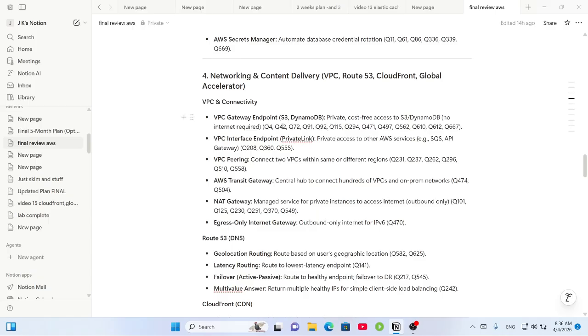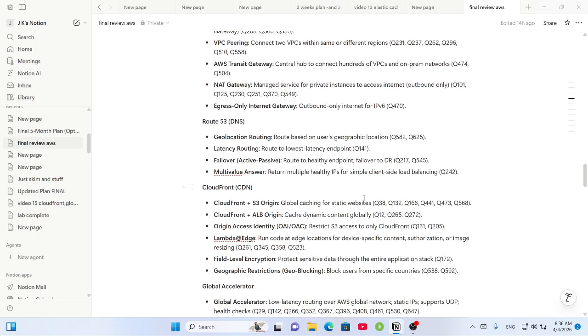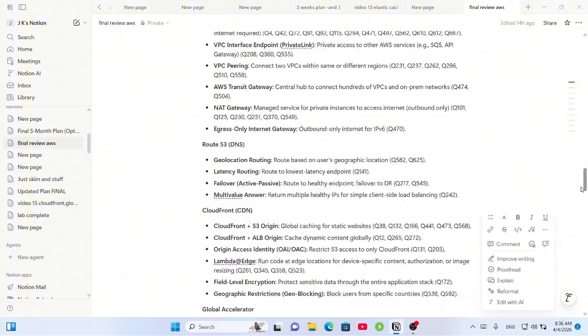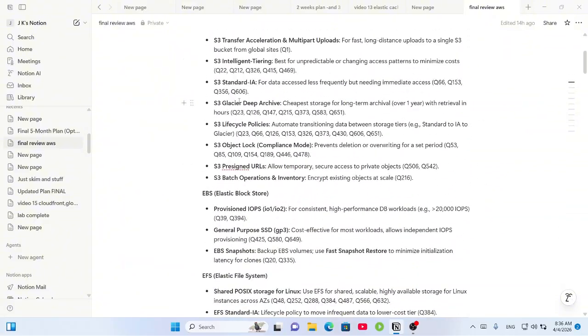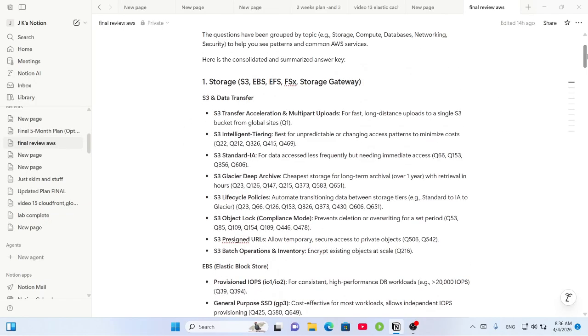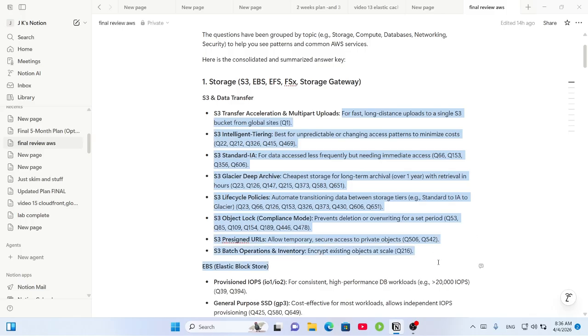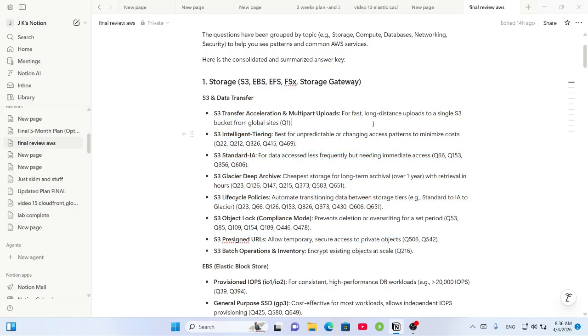You see here, it appears in questions 4, 42, 72, all these questions about this stuff. That's the idea. So we're going to go through all this, to be familiar with how the questions look and to be able to answer them on the exam. This is useful for us.